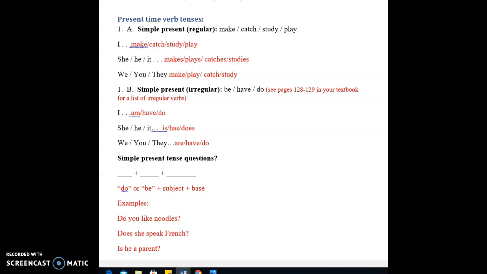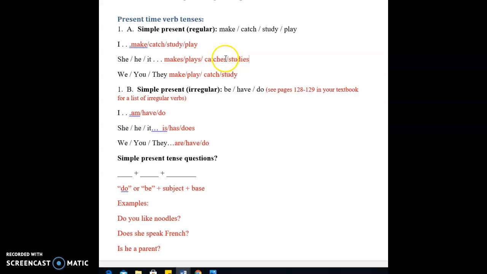Okay. In the simple present, when you have a regular verb, verbs like make, catch, study, or play, you can see that for the I, it's just I plus the base form. I make, I catch, I study, I play. And with he, she, it, you have the S form. Plays, makes, plays.